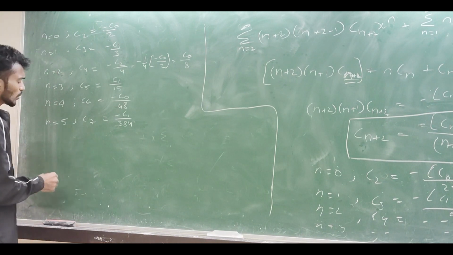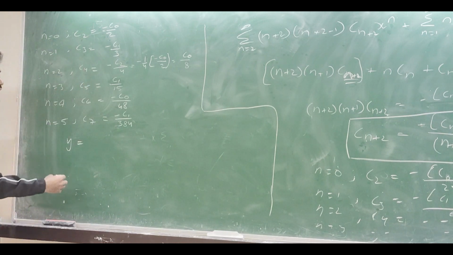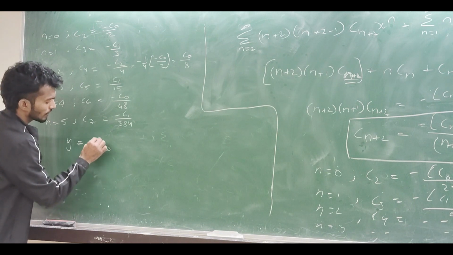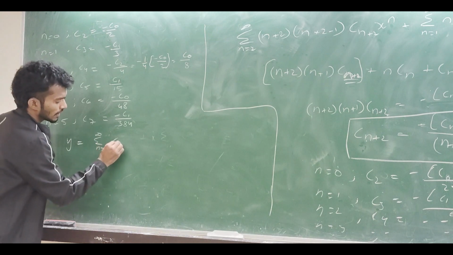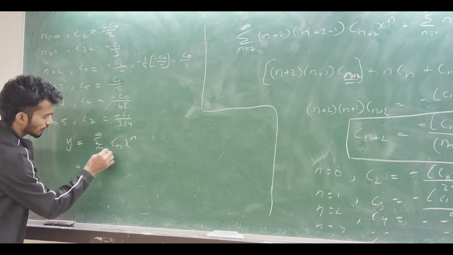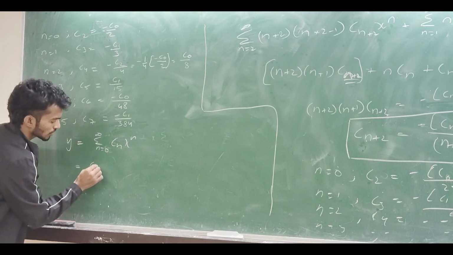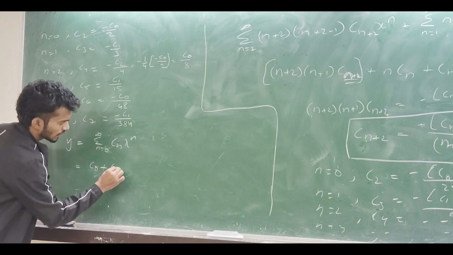And finally what we need to do is substitute these values in y is equal to summation n equal to 0 to infinity Cn x power n. That is, if we substitute n equal to 0, what will it be? C0, and if we substitute n equal to 1, then C1 x.